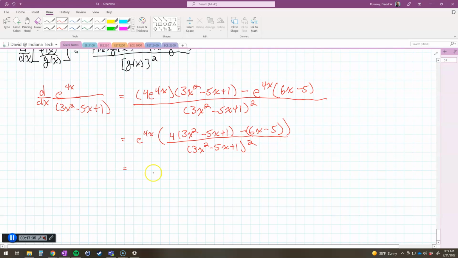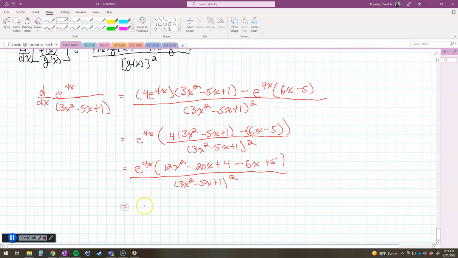Then you can do more simplification, and you'd have e to the 4x times 12x squared minus 20x plus 4. Being careful with your sign, it would be minus 6x plus 5, all over 3x squared minus 5x plus 1 quantity squared.